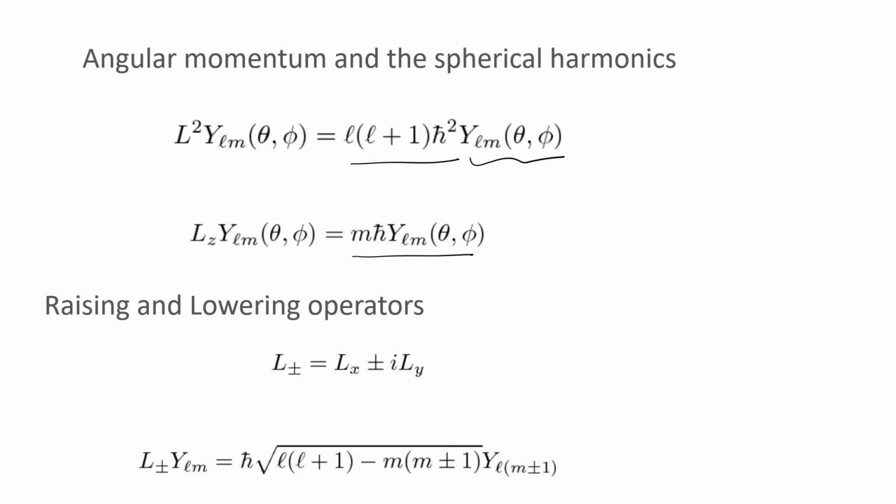You can also use the raising and lowering operators, which are Lx plus iLy or Lx minus iLy, which are L plus and L minus respectively. Of course, because Lx does not commute with Lz, these are not eigenfunctions. They actually raise the magnetic quantum number by 1 unit, or lower it by 1 unit, depending on whether you are talking about the raising operator or the lowering operator for the angular momentum.